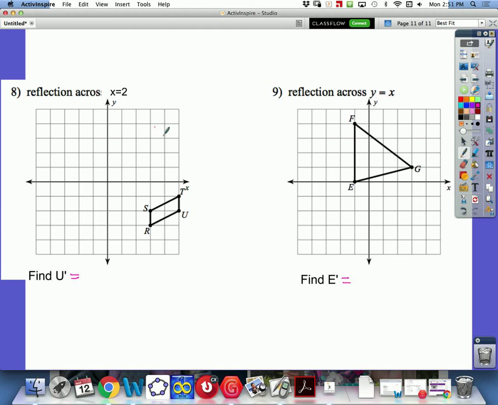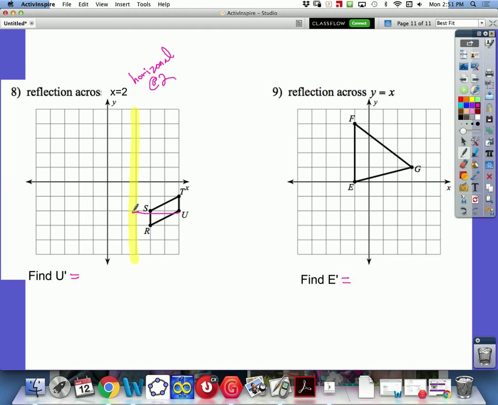So if I look here, it's telling me to reflect across the line x equals 2. So I go and I find x equals 2, which we know is a vertical line at 2. So I'm going to grab my highlighter, go 1, 2, draw my line. And now they don't want the whole shape, they just want the image of U. So we count how far away it is, 1, 2, 3.